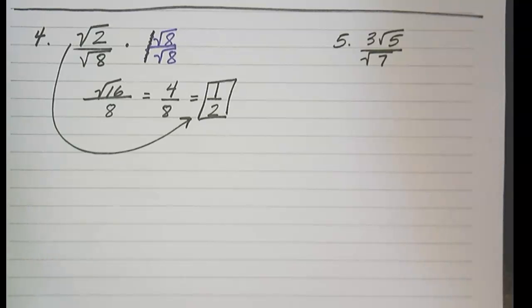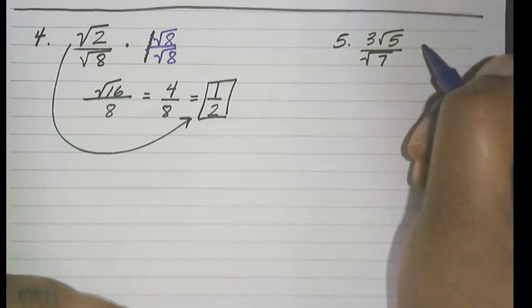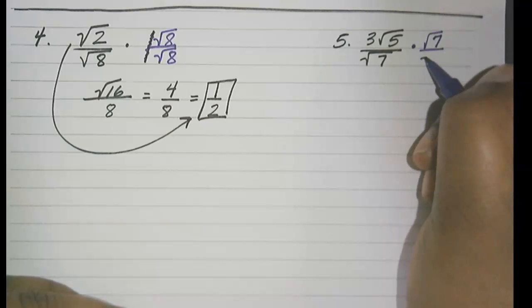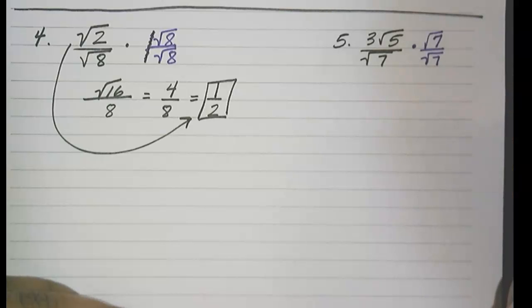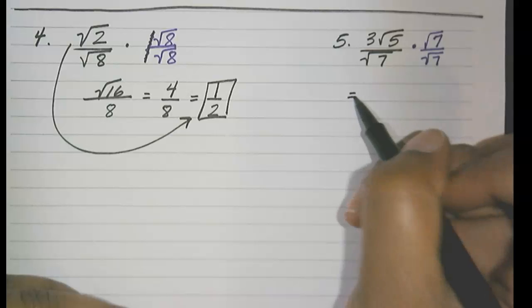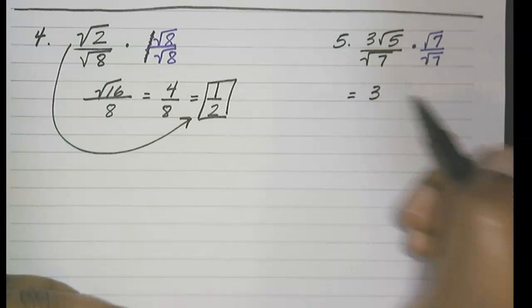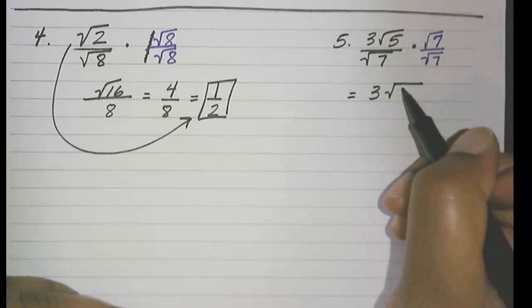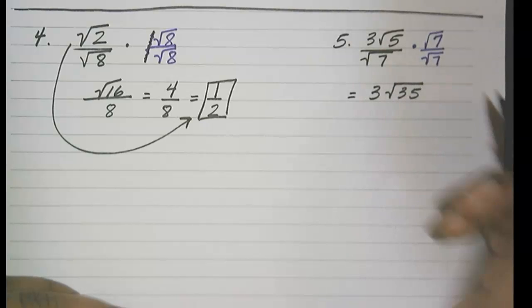Okay, now over here on the other side with number 5. Similar thing. I can multiply by 1, but I would still end up with 3 square root 5 divided by the square root of 7. So instead, I'm going to multiply by the square root of 7 divided by the square root of 7. Okay. What's going to happen in the numerator? Well, that 3 would just get brought along for the ride. It's on the outside, leave it on the outside. 5 times 7 is 35.